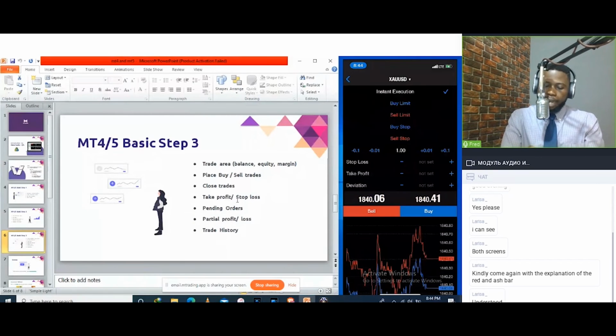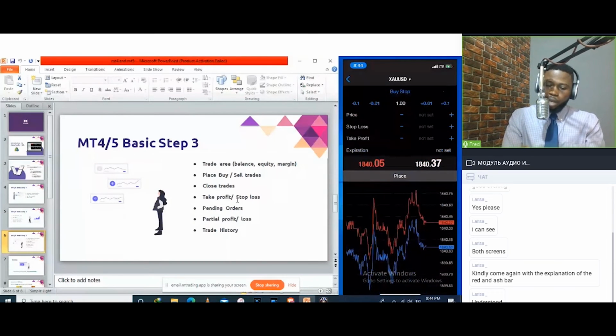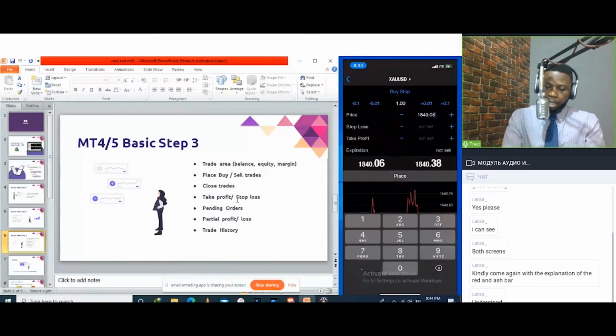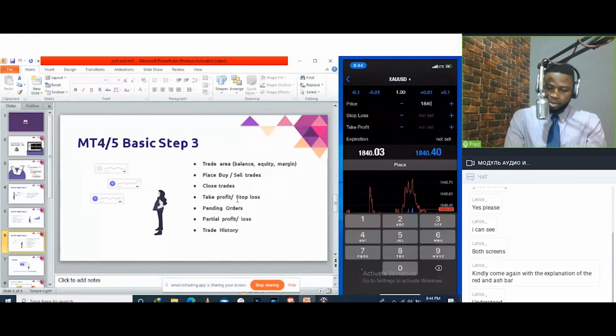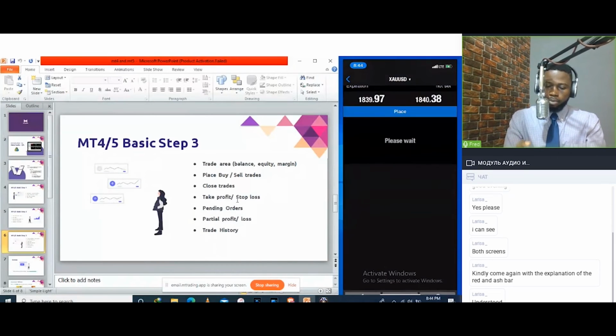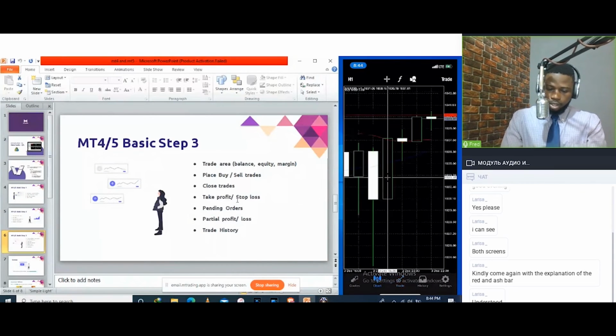So I'm going to click the buy stop. And what price do I want to place my buy stop at? What was the price again, guys? I just forgot. Let's say 1843. Okay, 1843. I just place my buy stop. Come here.